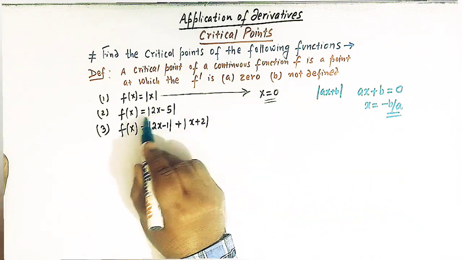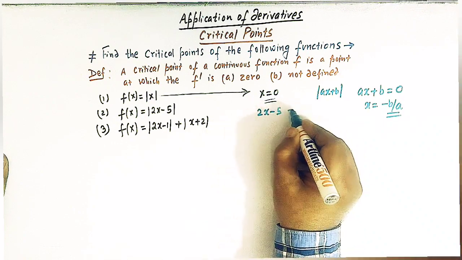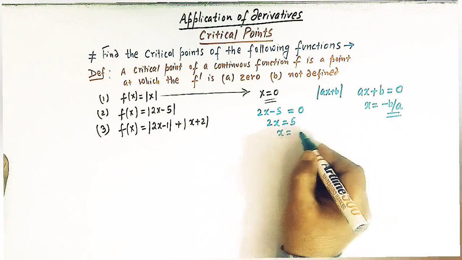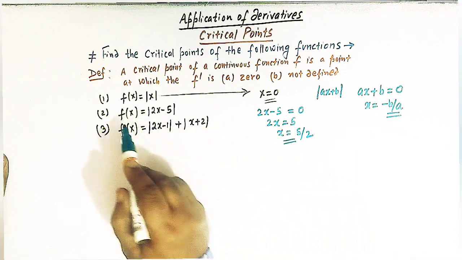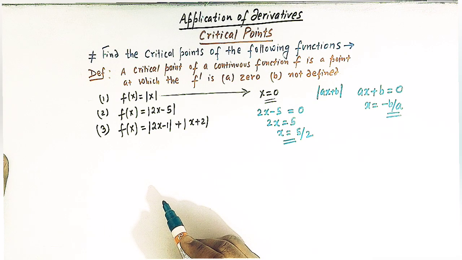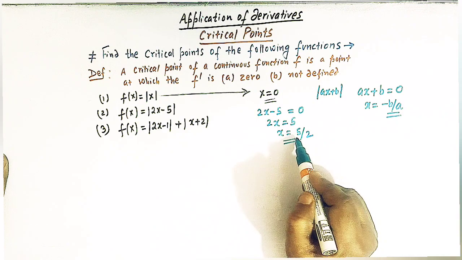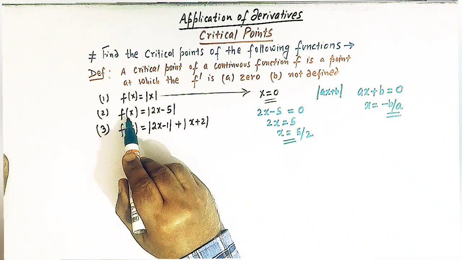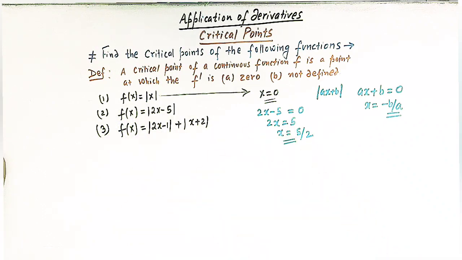So in this case, we have a mod of 2x minus 5. So when we take 2x minus 5 is equal to 0, we get 2x is equal to 5, that is x is equal to 5 over 2, right? So at this point, this function f of x is not differentiable. It implies that the derivative of this function doesn't exist at x is equal to 5 by 2. So the critical point of this function is x is equal to 5 by 2.